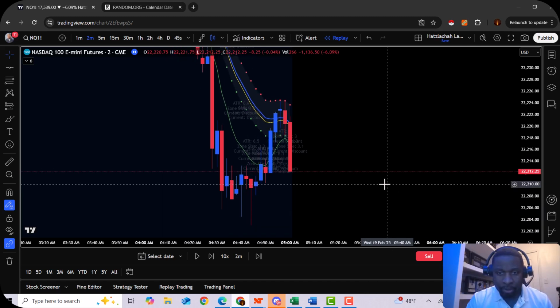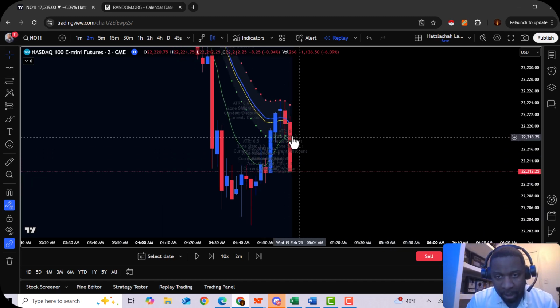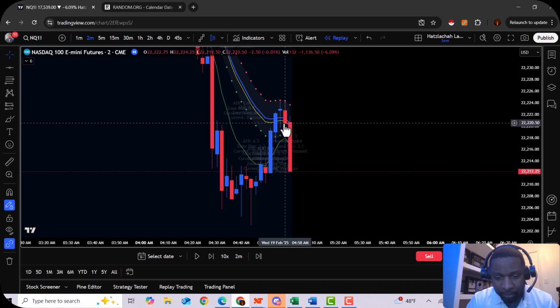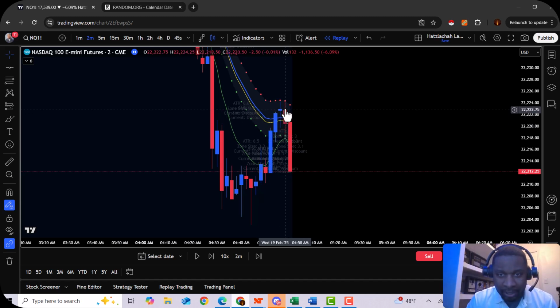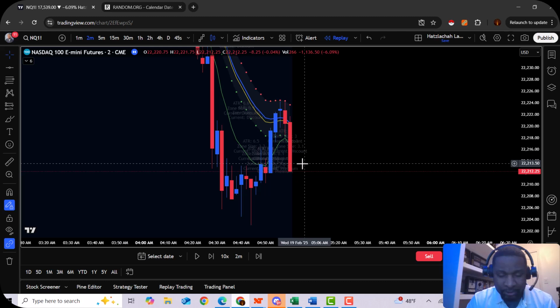Starting at 5 a.m., we want to wait for the candle to close. This would have been 2 minutes earlier, and it actually played out, but we'll find another example in just a minute. As you can see, the candle closed below the midpoint of this ATR range. If we would have entered right when that candle closed or waited for a slight pullback, we could have easily got our 20 points here.